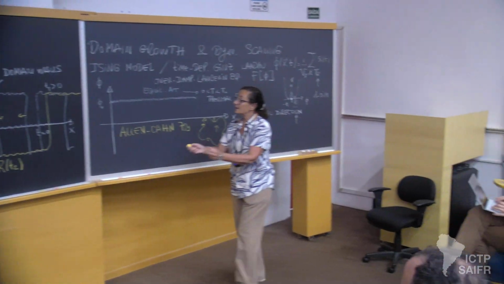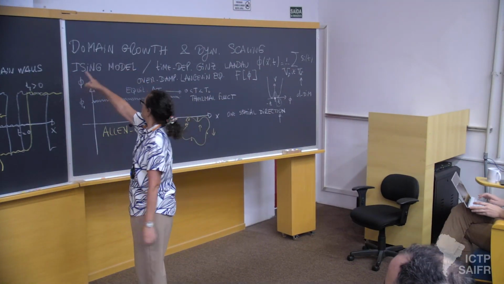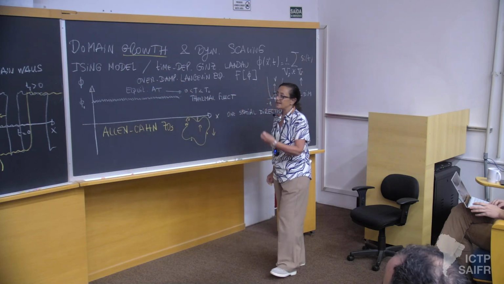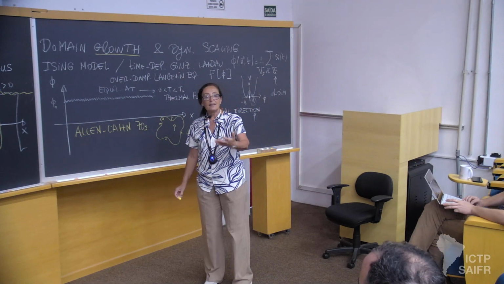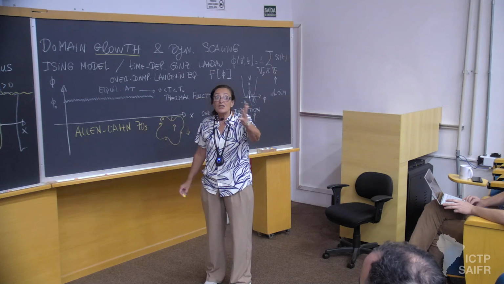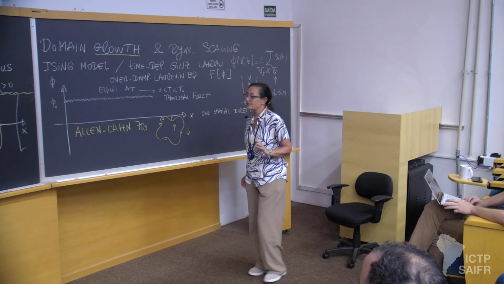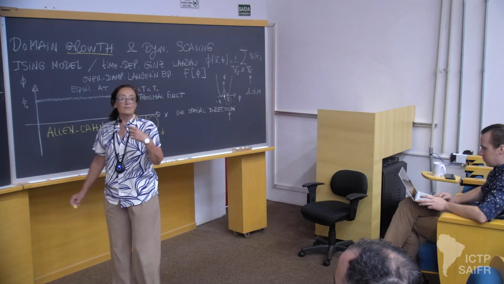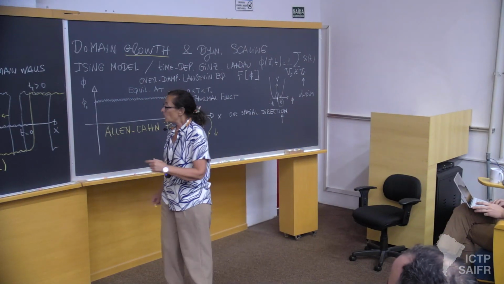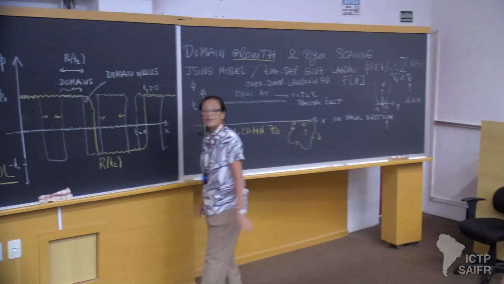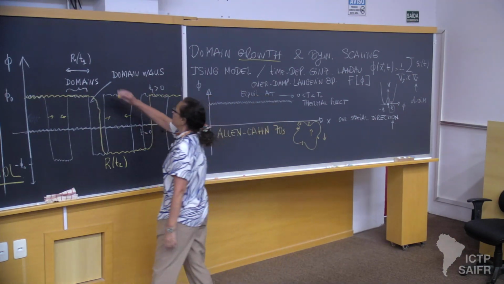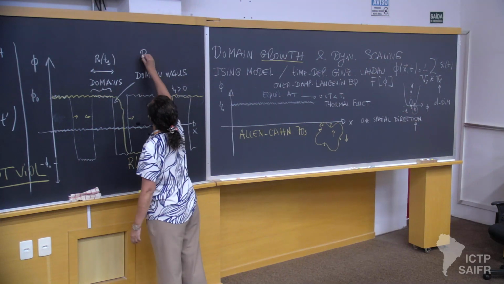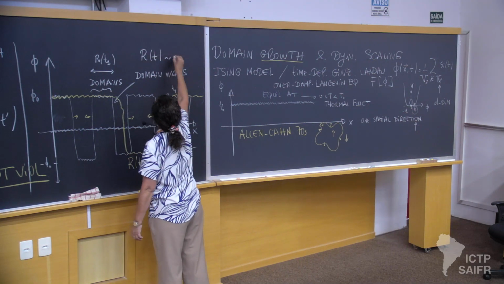OK, so domain growth, because the domains are growing in time. There is this typical length scale that appears, and that I guess Jeff will discuss in more detail this afternoon in his talk. But how is it measured? Well, you can measure this R of T. Let me give you the expression, and then I'll tell you how you can measure it.